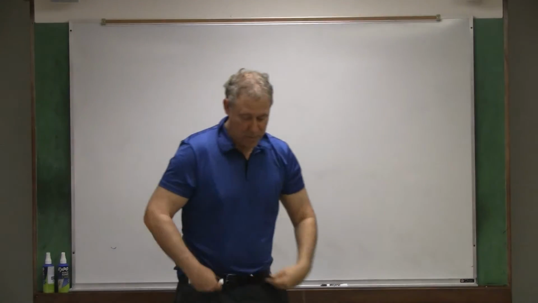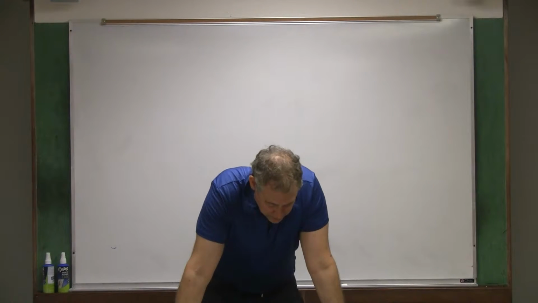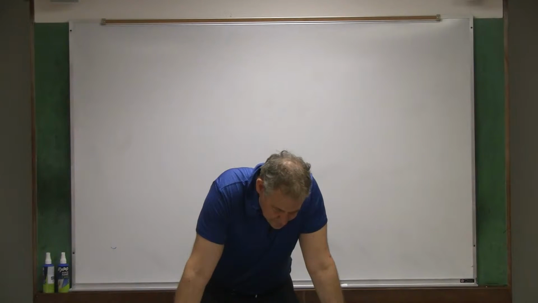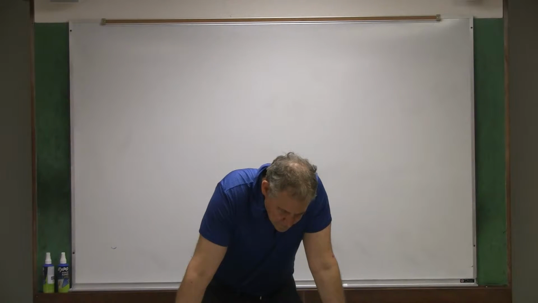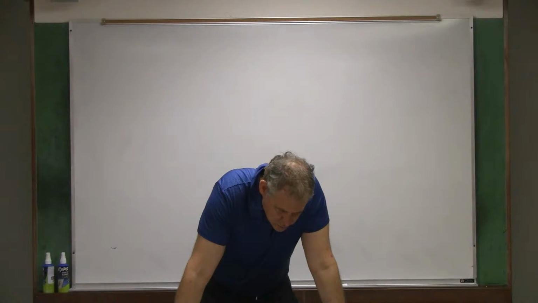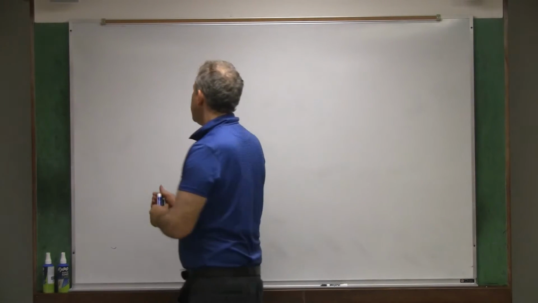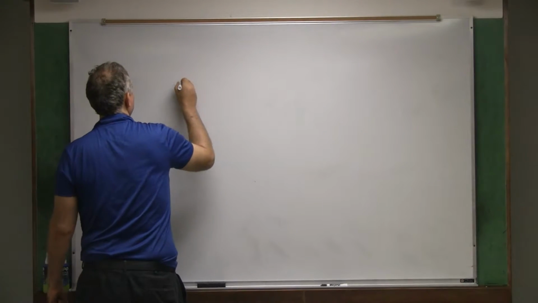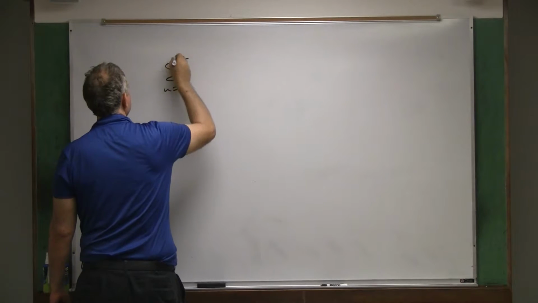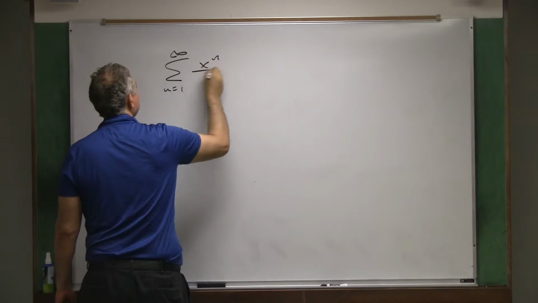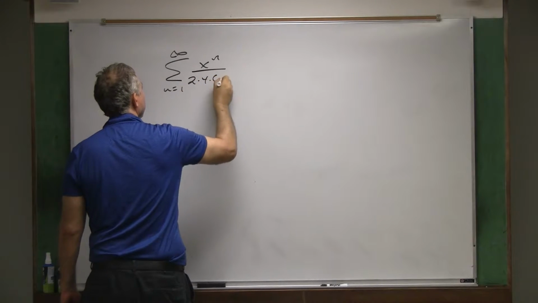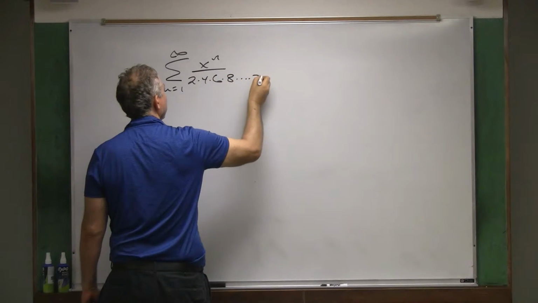Okay, number 33, the sum from n equals 1 to infinity of x to the n divided by 2 times 4 times 6 times 8 times dot dot dot times 2n.